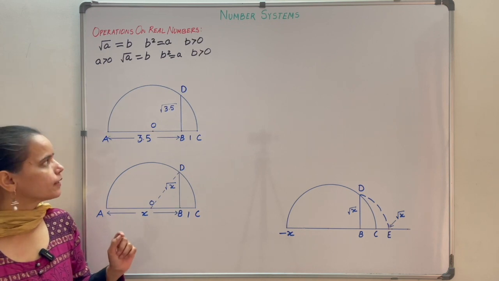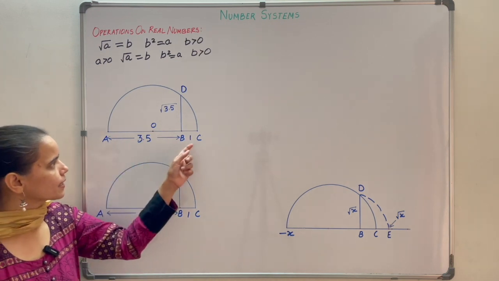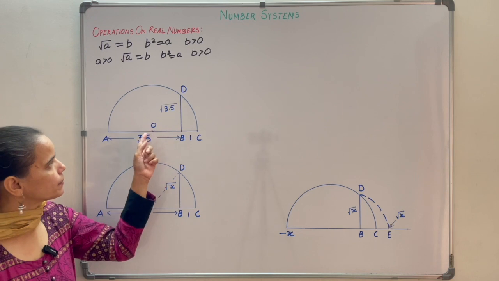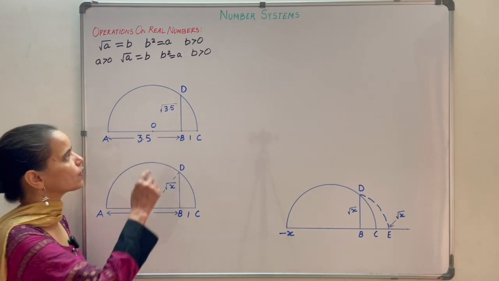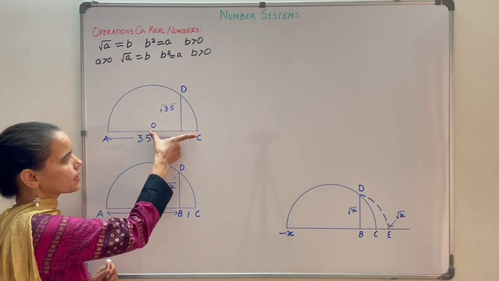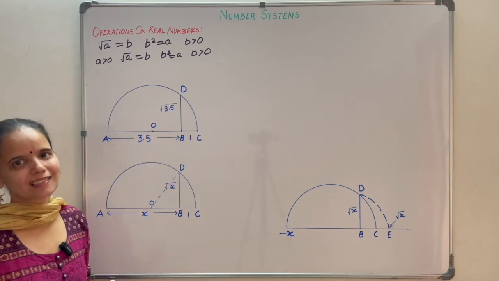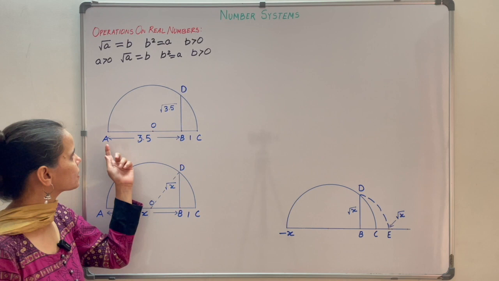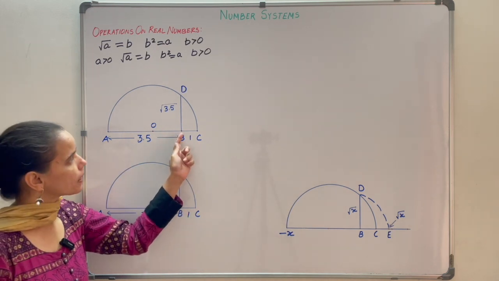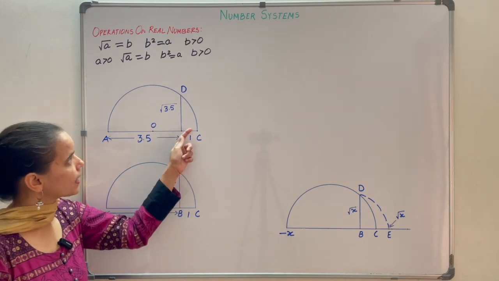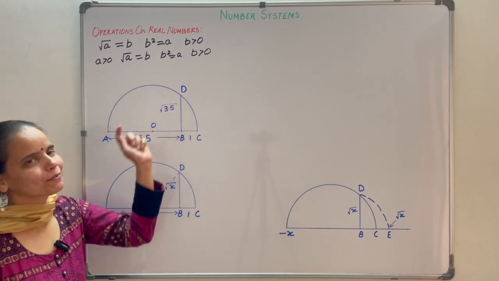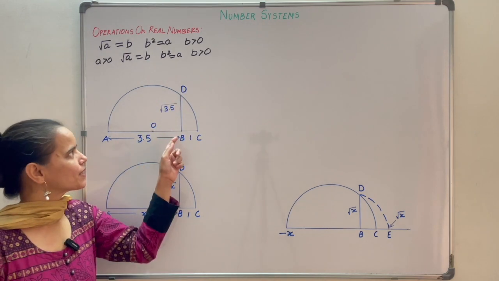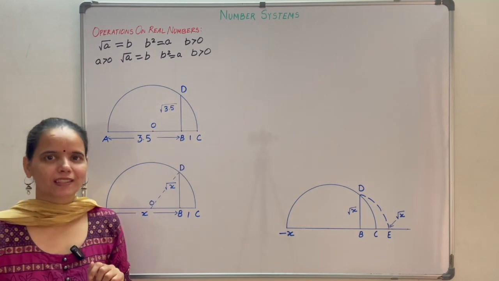Now we will find out the midpoint of this line segment AC and name that point as O. So taking O as the center and OC as the radius, we will draw this semicircle. Now we will draw a line perpendicular to this line segment AC, passing through this point B and intersecting the semicircle at this point D. So here BD is square root of 3.5.